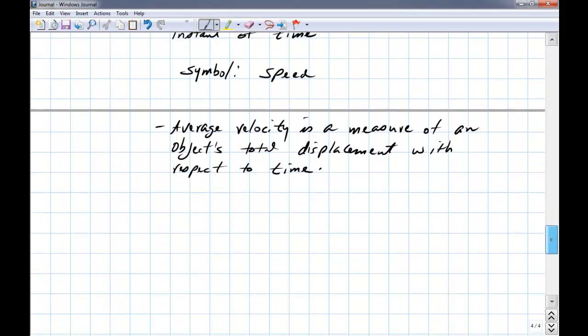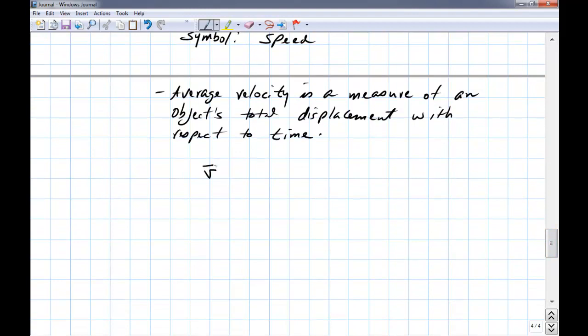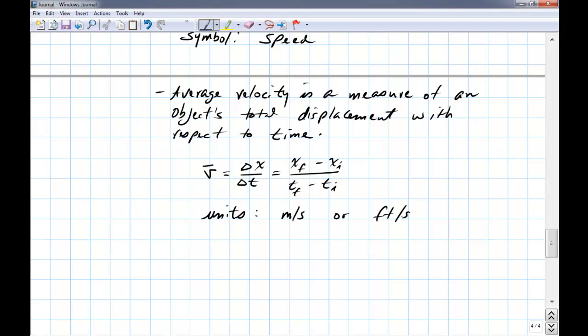The symbol for average velocity is v, and you guessed it, there's a bar on top meaning average, and it's defined as displacement, which we earlier defined as delta x, over delta t. Now delta x could be expanded as x final minus x initial, over delta t can also be expanded as t final minus t initial, and this is the equation for average velocity. Average velocity has the same units as speed and average speed, namely meters per second or feet per second.